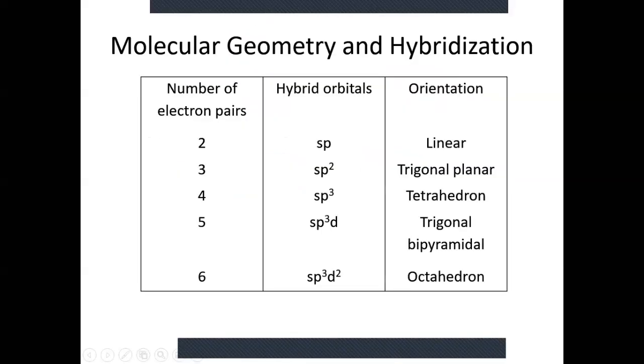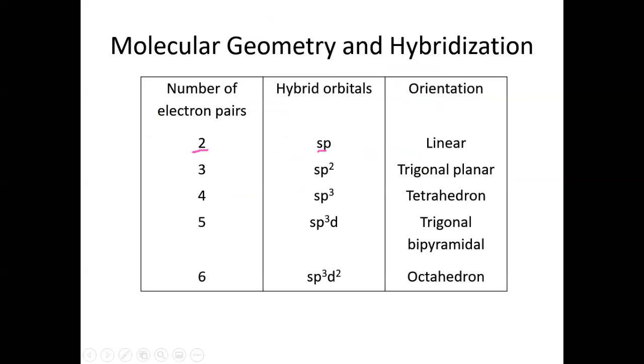And so now we can summarize this based on the number of electron pairs around the central atom, or based on its electron geometry. So for example, if something has 2 electron pairs around the central atom, it's going to be sp hybridized.